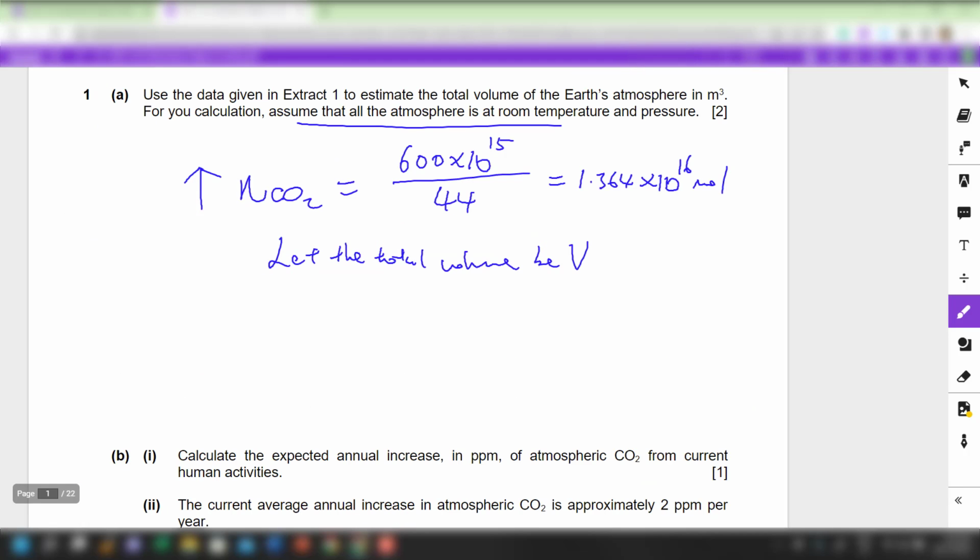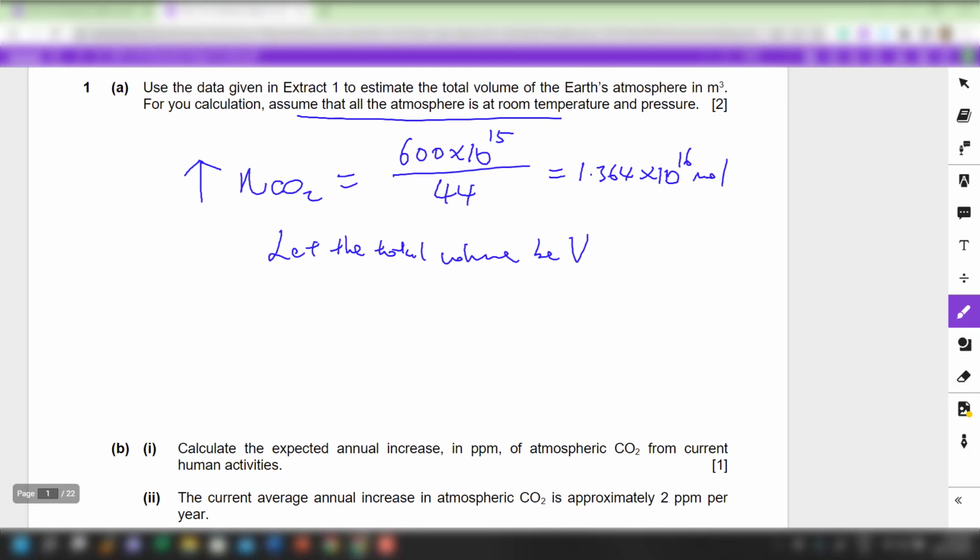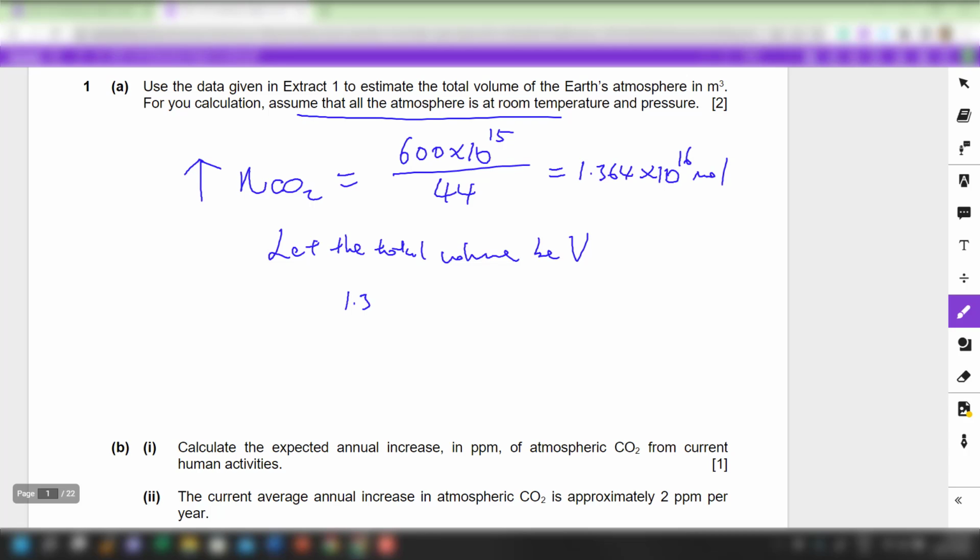So from here, if we let the total volume be V, then what we are going to do will be based on the number of moles of CO2, so that will be 1.364 times 10 to the power of 16. We're going to multiply by 24 to convert it to dm cube, and then we're going to convert it to cubic meter by multiplying by 10 to the power minus 3, because remember that 1 dm cube is 10 to the power minus 3 cubic meter.